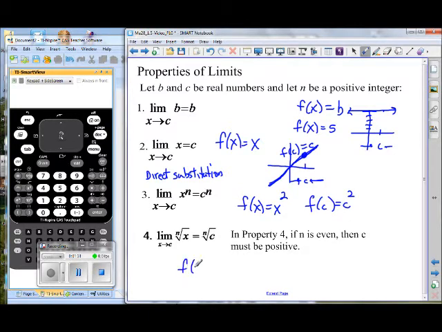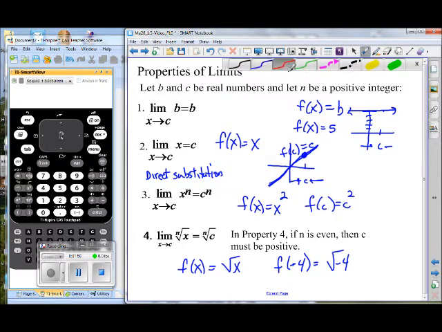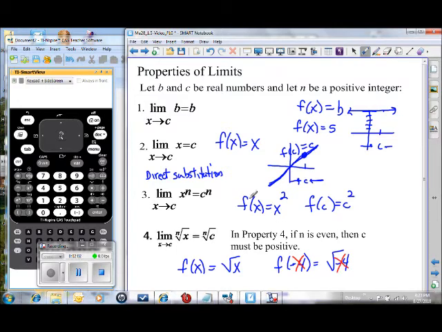If we're looking at f of x equals the square root of x, and I try to use a value of, for instance, f of -4, I'd have the square root of -4, which now is not a real number, and we are going to stay in the real numbers. So this would not qualify because this value is not a positive quantity, and so we would have to be careful about things like that.